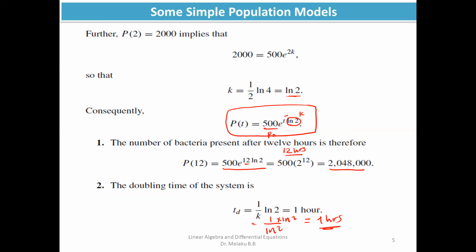Which means after 1 hour the population of the bacteria will be 1000, because P at t equal to 1 hour is 1000 and P at t equal to 0 is 500. So when the doubling time is 1 hour, after 1 hour the population of bacteria doubles.